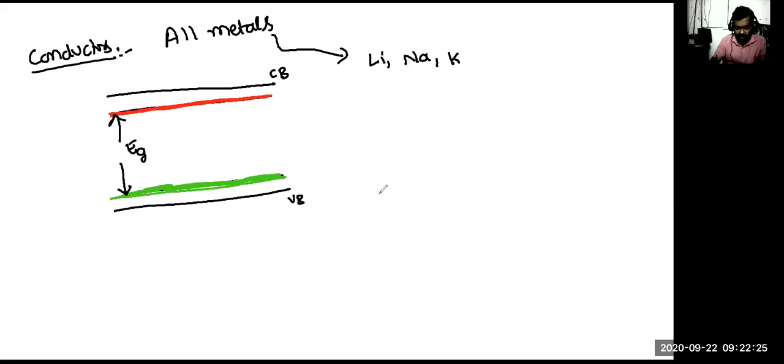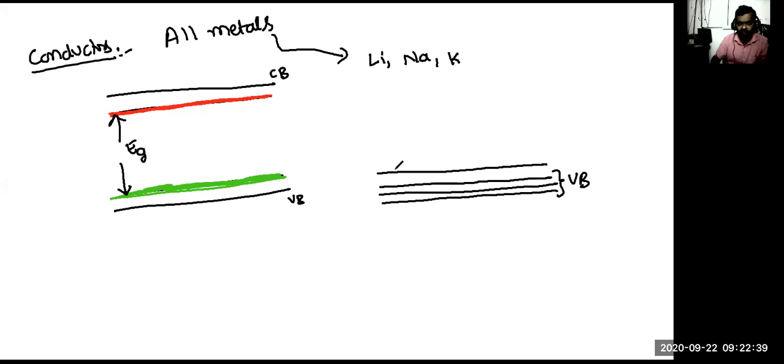Suppose this is the series of the valence band, and like this we have the series. This is the conduction band, and this is the gap.